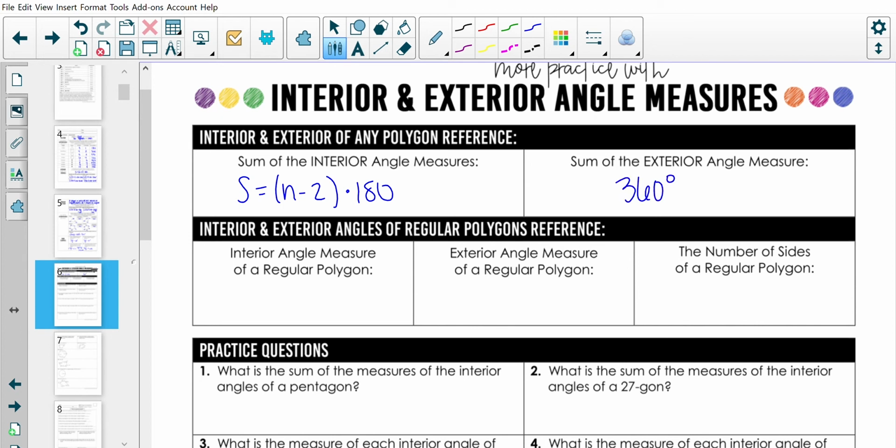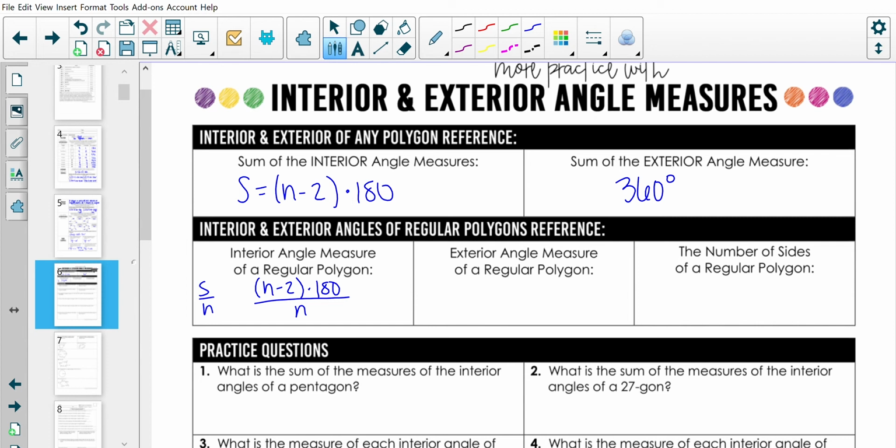Interior angle measures of a regular polygon. So, we're going to use this formula: S over N. So, S equals (n minus 2) times 180, divided by n. We did that on the front page where it's a regular polygon. Exterior angle measures of a regular polygon.